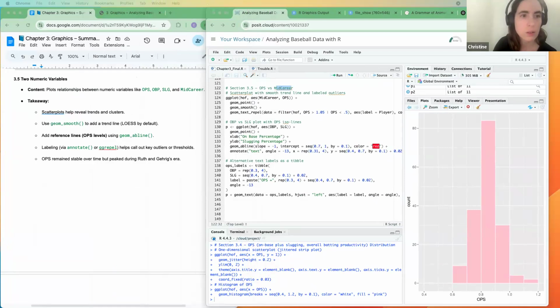Let's see, I'm going to look up my little cheat sheet there. Yeah, I think that was looking at what their era was and when they were in the middle of their career.